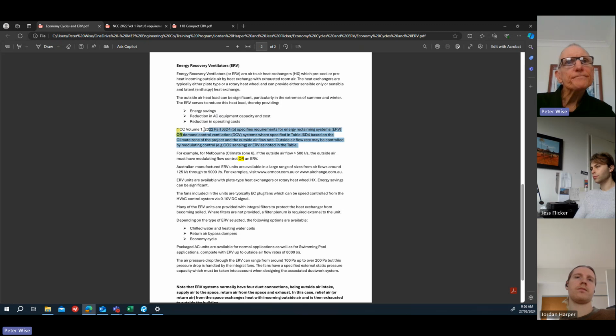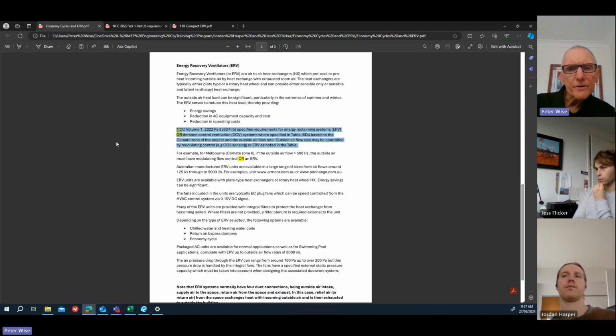Once again, the NCC specifies requirements for energy reclaiming systems, or demand control ventilation. These are specified in table J6D4 based on the climate zone of the project and the outside air flow rate. Outside air flow rate can be controlled by modulating control, which is, for example, CO2 sensing, or using an ERV.